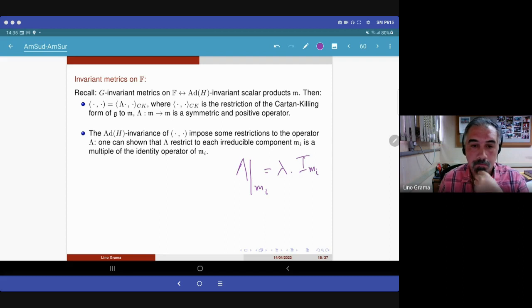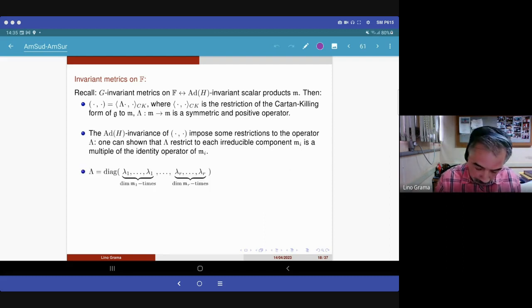So Lambda will be a diagonal operator, and we will repeat lambda 1, this dimensional number of times, and so on.